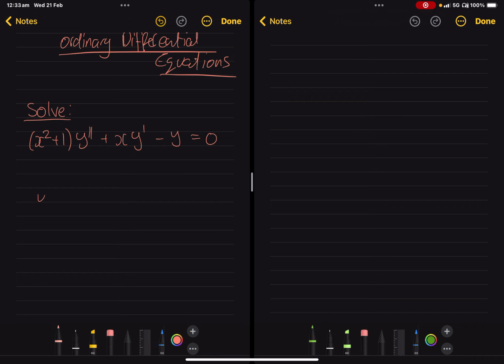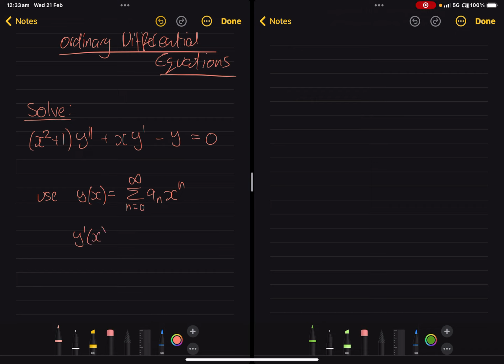And we are going to do this with the assumption that some solution y of x is equal to the series from n equals 0 to infinity of a_n x to the n. First we'll take the two derivatives of this series.